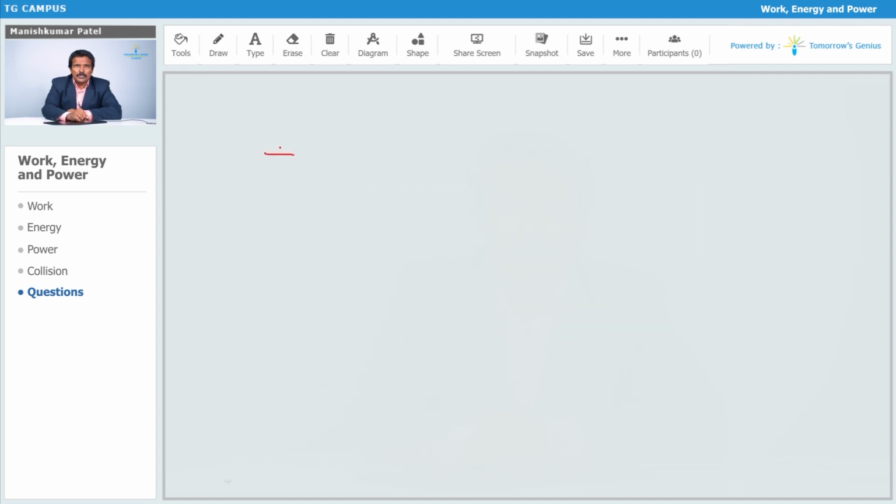So I can write half mu square minus mgl equals half mv square. The m gets cancelled, so half u square minus gl equals half v square.